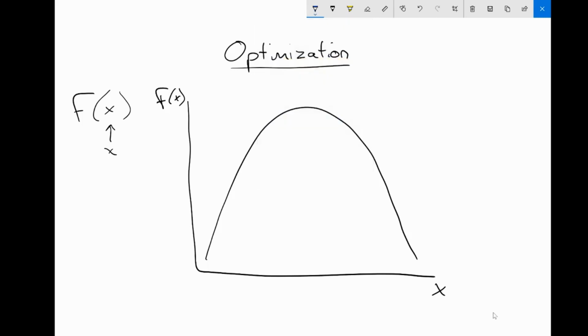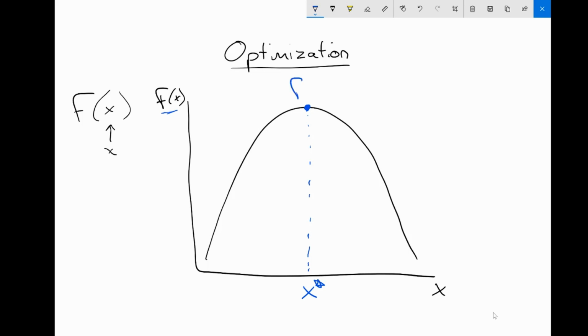If I said, okay, where's the optimal, where's the maximal value of f of x? What is the highest amount of f of x? Well, that's pretty straightforward. It's going to be somewhere around here. This value right here is the highest value that f of x will achieve. And f of x achieves that highest value, that maximum value, at some value x that we will call x star.